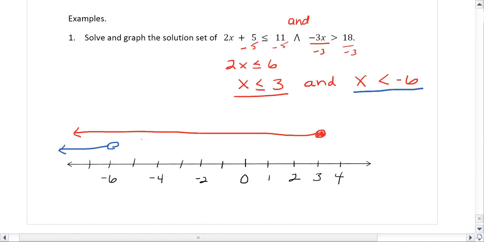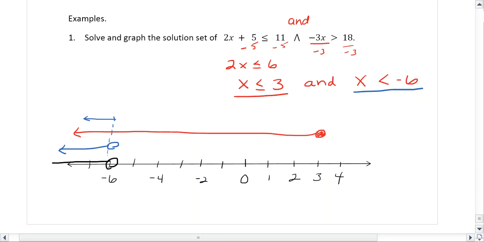Which solutions on this number line satisfy both at the same time? If you'll notice, starting here, not including -6, and everything going this way, satisfies both of these solutions at once. So I'm going to graph that in black right on the number line. The solution is not including -6, but everything going smaller than that.